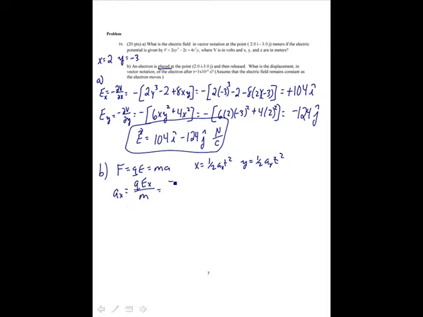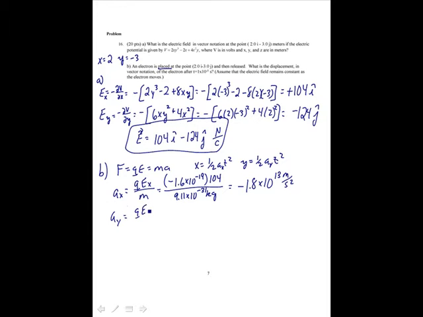And so that's equal to minus 1.6 times 10 to the minus 19 times 10^4 over 9.11 times 10 to the minus 31 kilograms. That's equal to minus 1.8 times 10 to the 13. Go ahead and find out what a_y is as well.